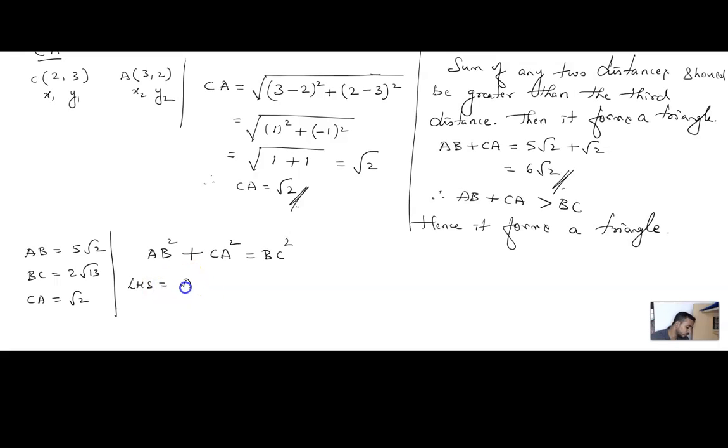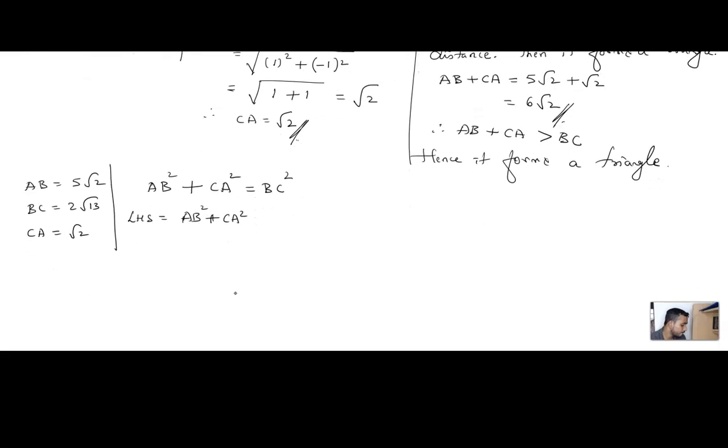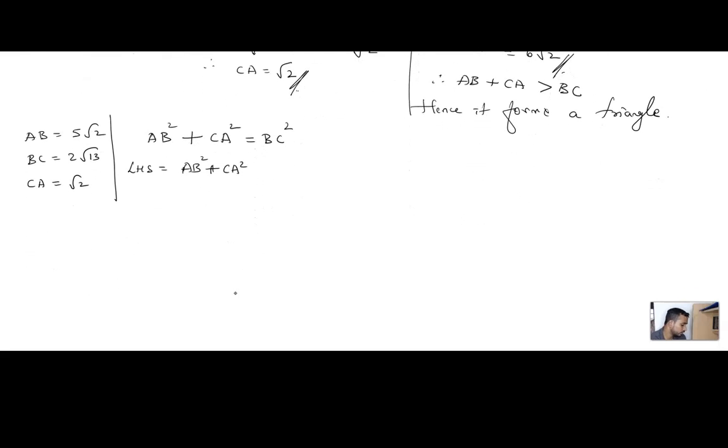What is LHS, children? That is AB square plus CA square. See children, it's very easy. How much is AB? 5 root 2 whole square, plus how much is CA? Root 2 whole square. For 5 also square is there, even for root 2 also square is there.